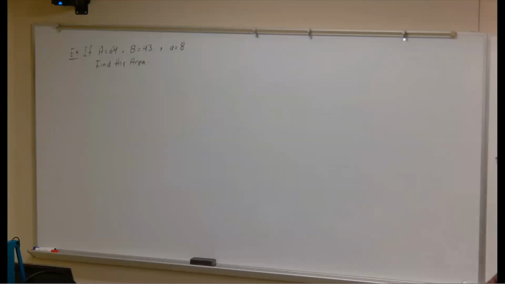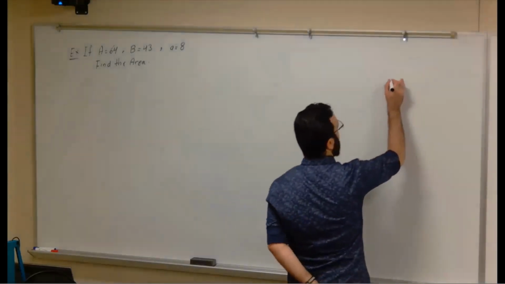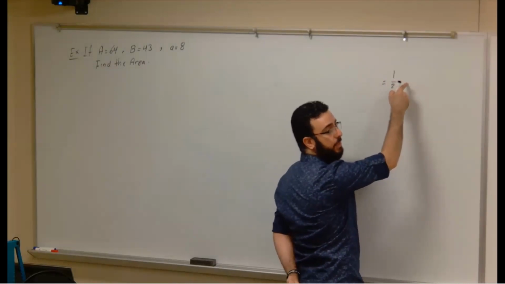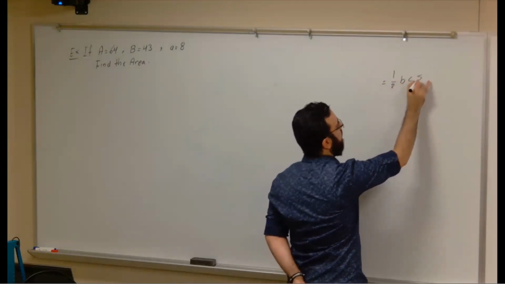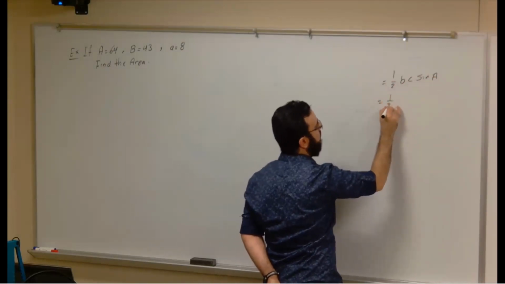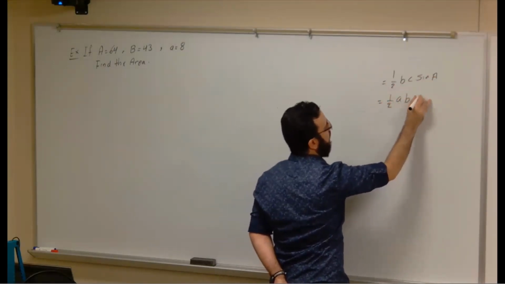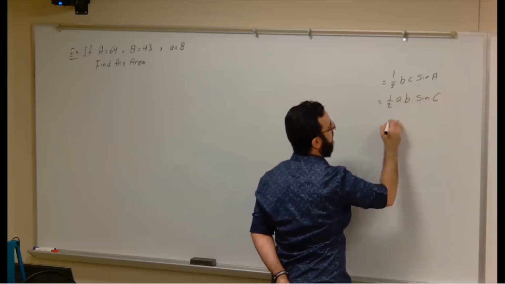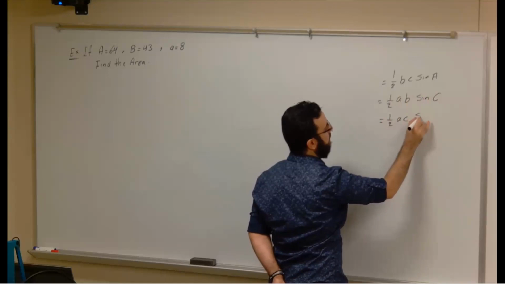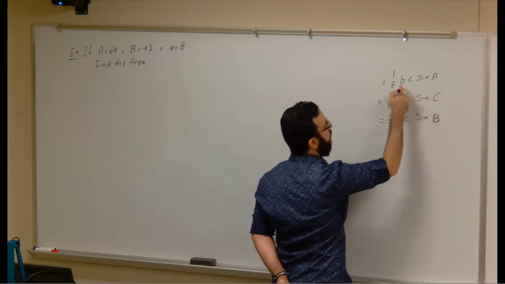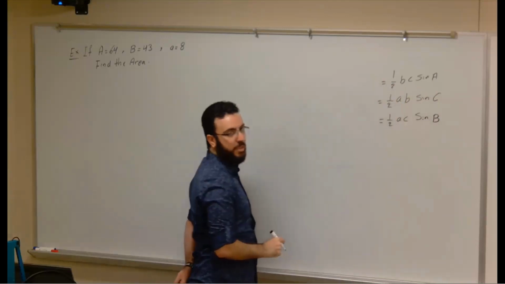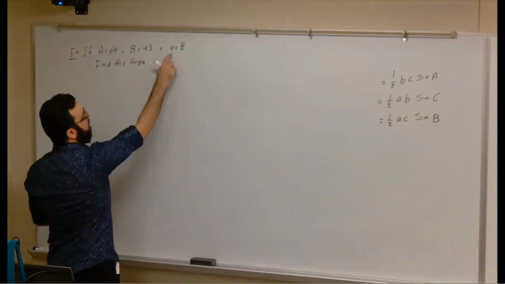With all these formulas to find the area, how many sides do you need? Two sides. The first one is half BC sine A. The second one is half AB sine C. And the third one is half AC sine B. So all these need two sides, and I have only one side.